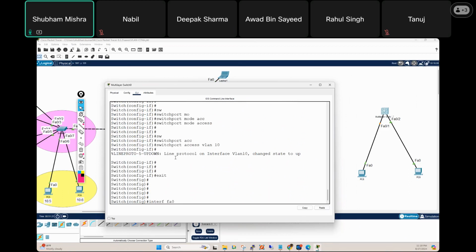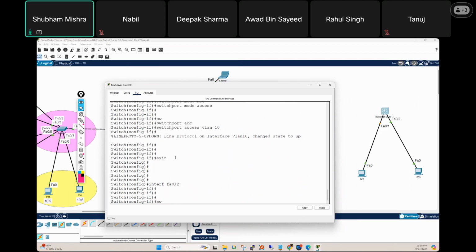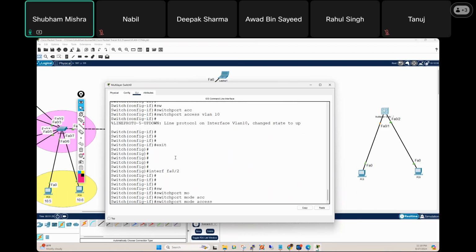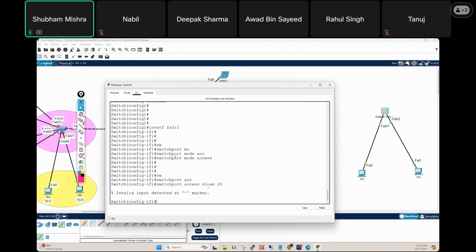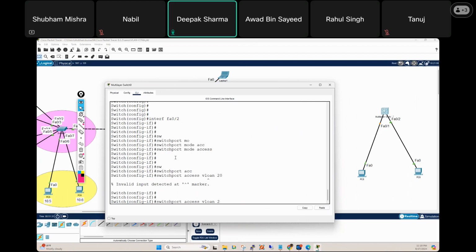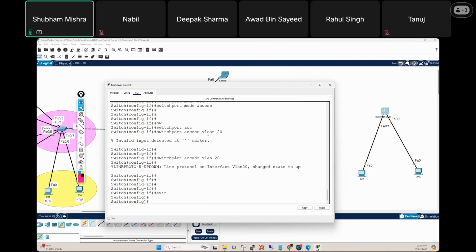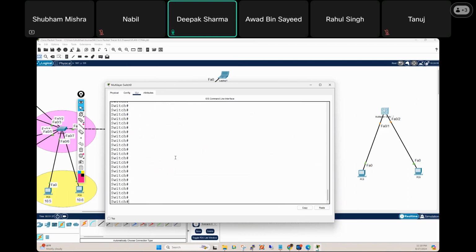Interface FastEthernet 0/2, switchport mode access, switchport access VLAN number 20. Yes? Tell me.